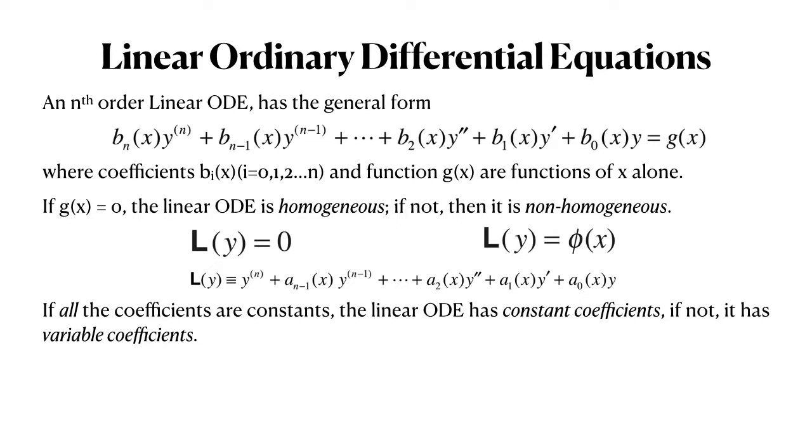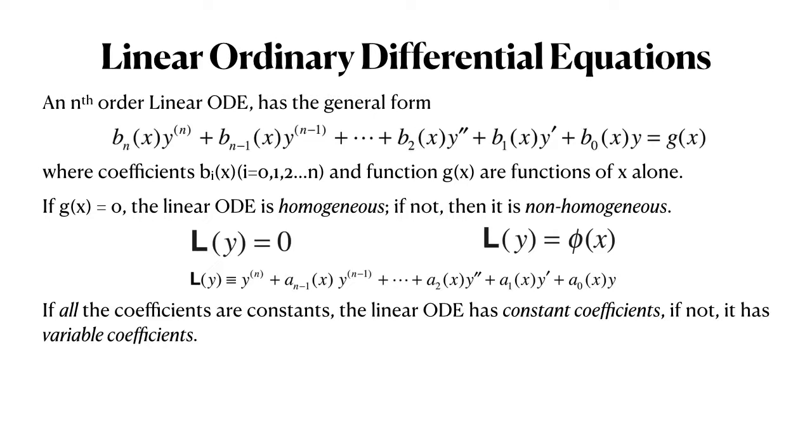Now let's focus again on our general form. If we divide the whole equation by the first coefficient of the nth-order derivative, b n of x, such that b n of x over b n of x is of course equal to 1, and g of x would be divided also by b n of x, it could be written in the form L of y is equal to that equation in the middle part.